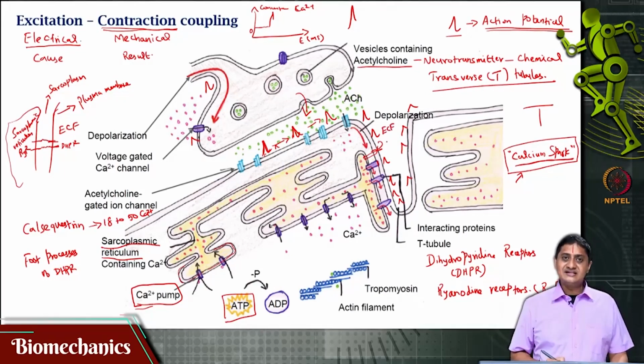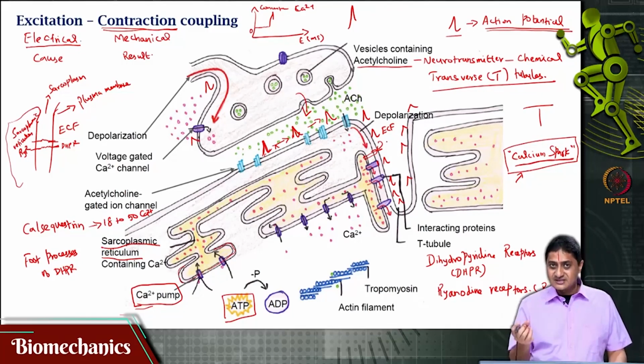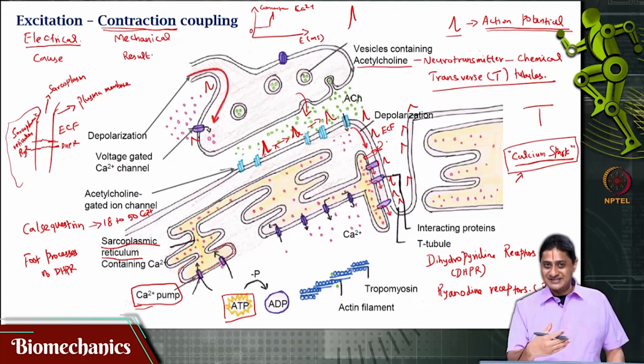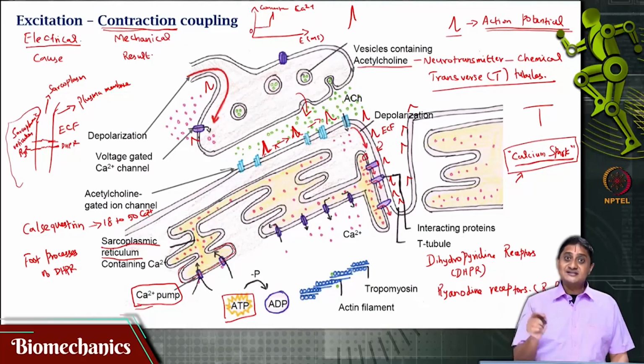These are the special L-type calcium channels that open whenever the action potential reaches. These are depolarization sensitive, or action potential sensitive, channels that open and let in some calcium inside. And there are some more channels on the sarcoplasmic reticulum that are sensitive to the presence of calcium, which will open.